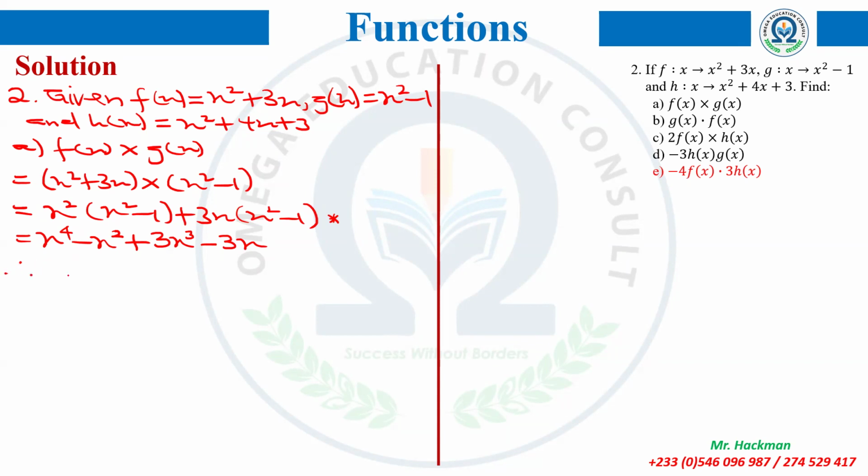So we can draw our conclusion. Conclusion is very important. So we write therefore your f of x, whatever you were asked to find, times the g of x is equal to, and here I am going to rearrange in descending powers of x. So I will bring the cube term next, so it's plus 3x cubed, followed by the square term, minus x squared, followed by the term minus 3x.